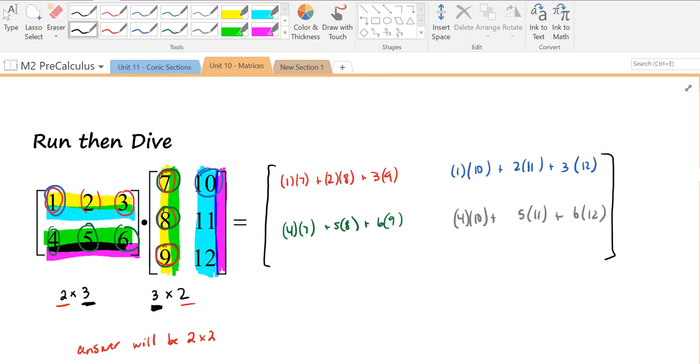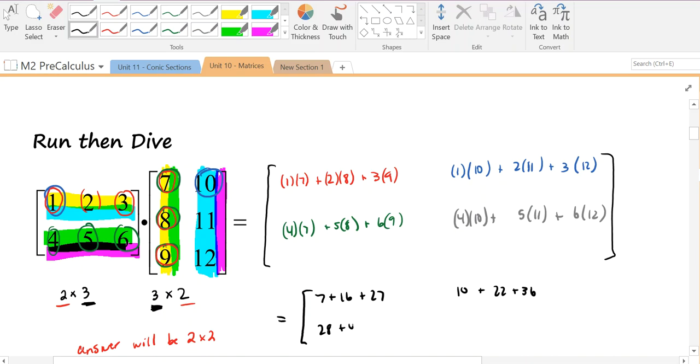And so the end result here, I'm going to have 7 plus 16 plus 27, 10 plus 22 plus 36, 28 plus 40 plus 54, 40 plus 55 plus 72.